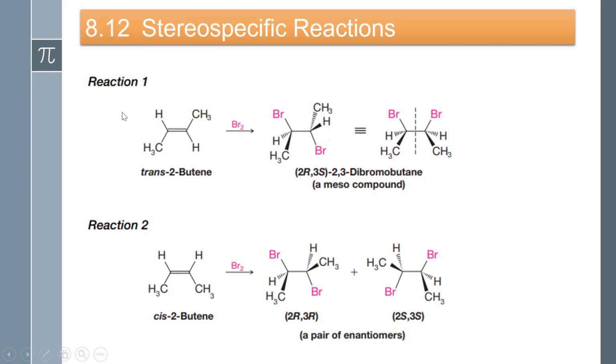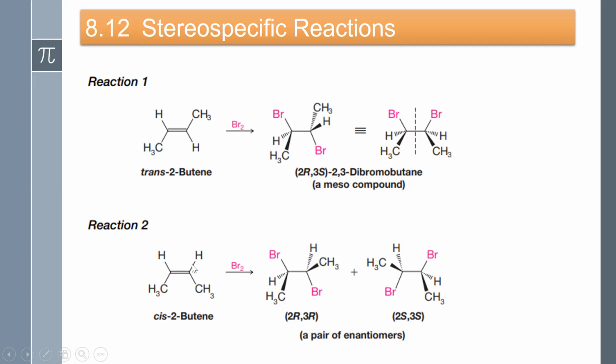Or if we start, for example, with cis-2-butene and you add our bromine, you add it as an anti-addition. So if this is our bromine here, and you get your bromine here, it's anti. So you have your CH3, you have your bromine, you have your CH3 here, you have your bromine.